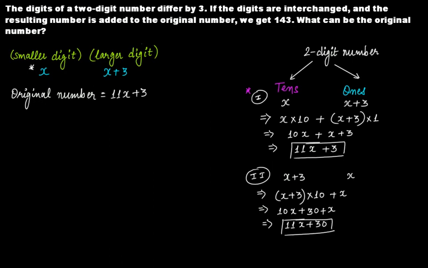So if you interchange the digits, it means that you take x to the ones place and this x plus 3 at the tens place. So if you interchange the digits, tell me, will not that be exactly this one? Because here now your x plus 3 becomes the tens place and your x becomes the ones place. Therefore, your number will be what? 11x plus 30. So this is your resulting number.